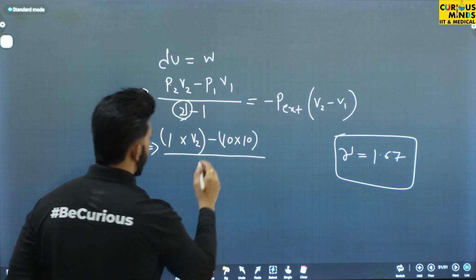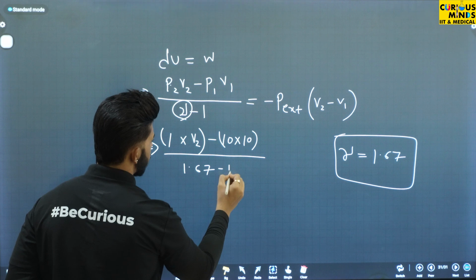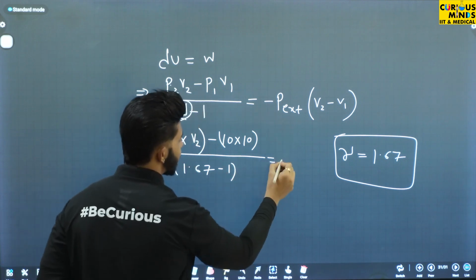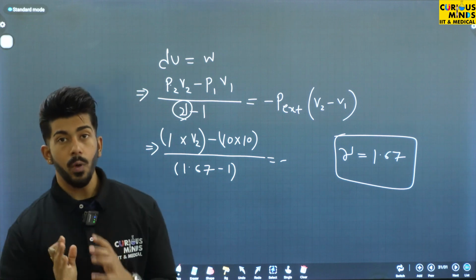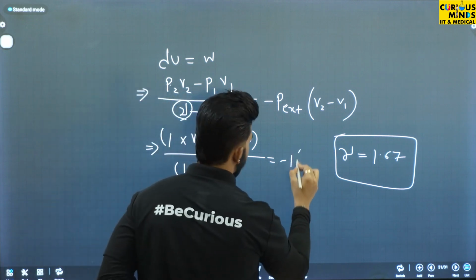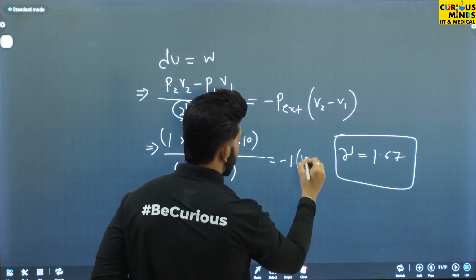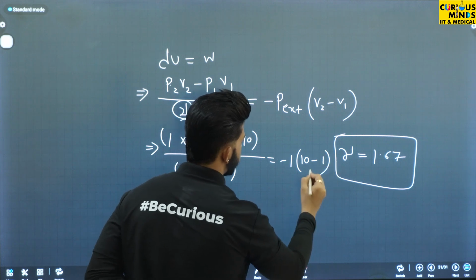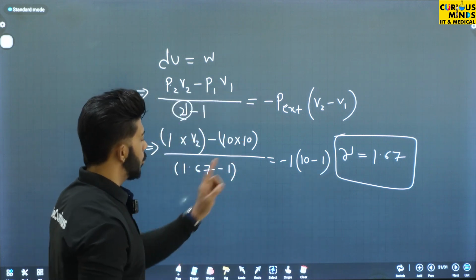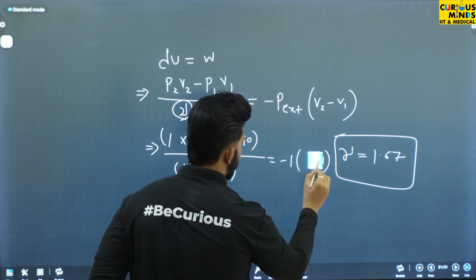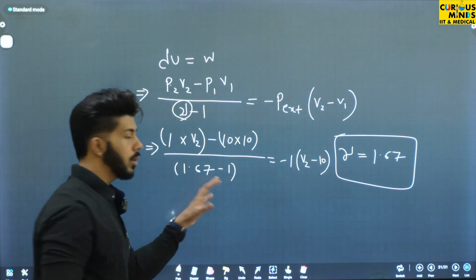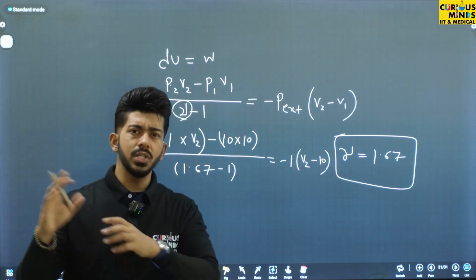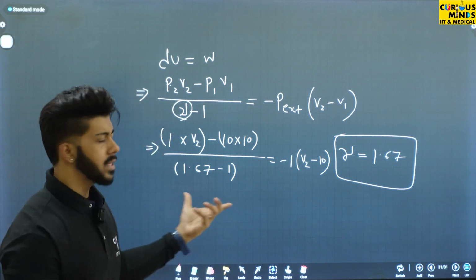Divided by gamma minus 1, which is 1.67 minus 1, equals minus P external, which is nothing but the final pressure, 1 atmosphere. So this will be 1 into (V2 minus V1), and V1 is 10. So this will be your formula. All the values are given. You can check out the question from the last slide.